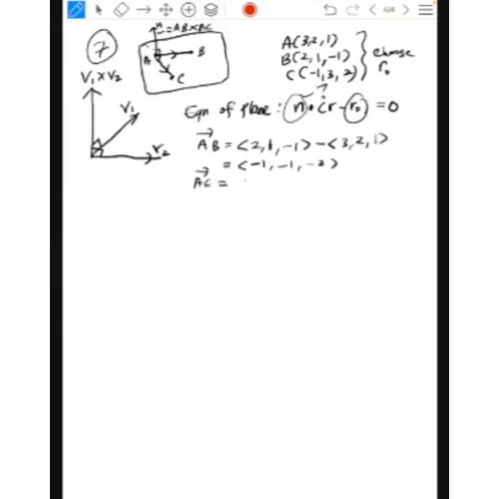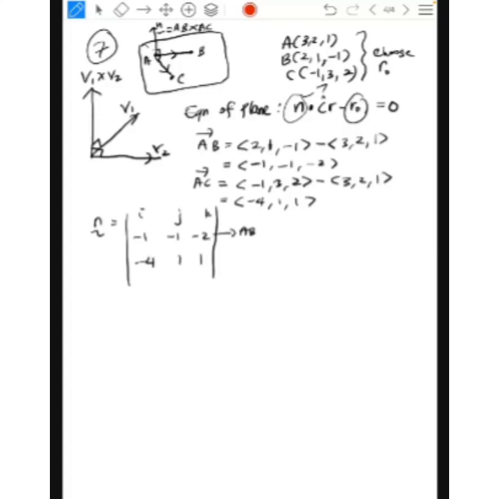AC will be negative 1, 3, 2 minus 3, 2, 1. Okay, and then we can find the normal vector by crossing these 2 vectors. So this is how you do the cross product. Negative 1, negative 1, negative 2, negative 4, 1, 1. So this is the AB, and this is the AC.